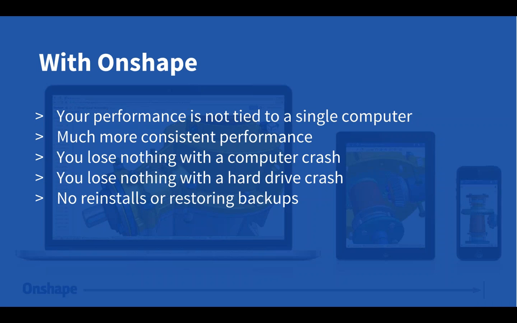So in general, the idea behind Onshape is any kind of hardware specific to a single computer, you can have fail, and you don't lose anything. You can jump onto another computer and keep right on working. No reinstalls, no restoring backups, no worrying about any of those details.